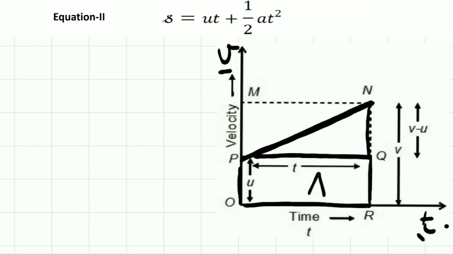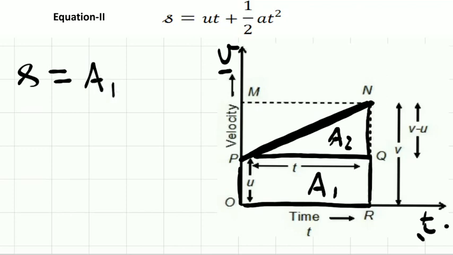So we need to calculate the sum of these two areas. Let's take this as A1 and this as A2. We will calculate them and we will sum them up to calculate the displacement. So the area under this velocity time graph is displacement. The displacement will be given as the sum of these two areas, A1 plus A2.